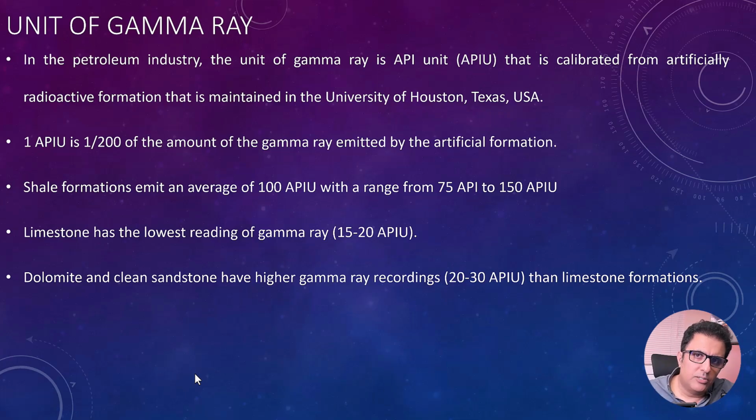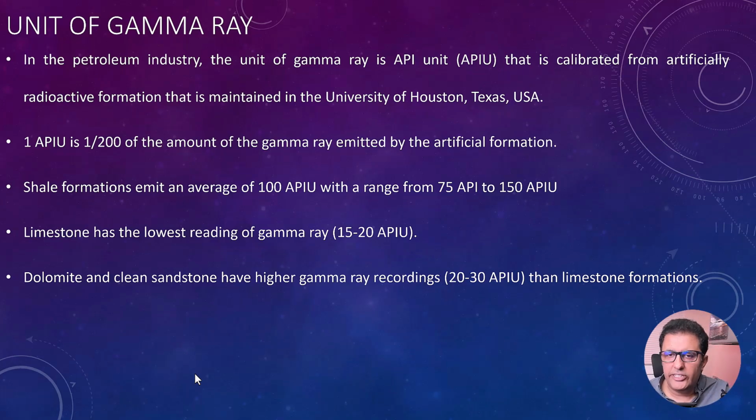Limestone produces the lowest gamma ray if it is 100% clean of shale, and it may have an API from 15 to 20, and dolomite and sandstone from 20 to 30.